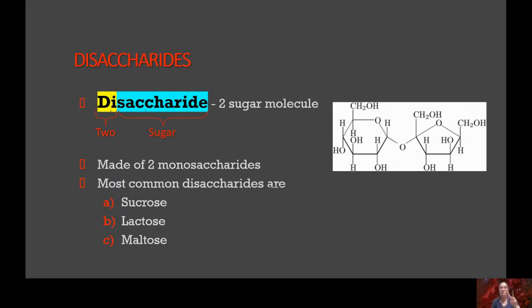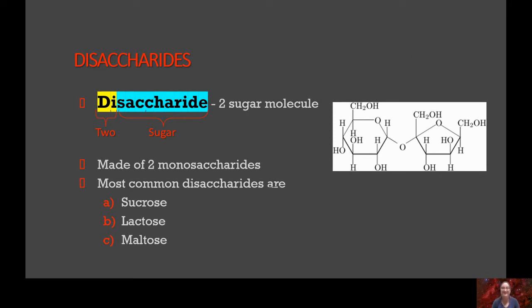Now, what if you have two of them together? What if you have two monomers, two monosaccharides together? Well, that's what we call a disaccharide. Di meaning two sugars in that molecule, right? So some common disaccharides are sucrose, lactose, and maltose.